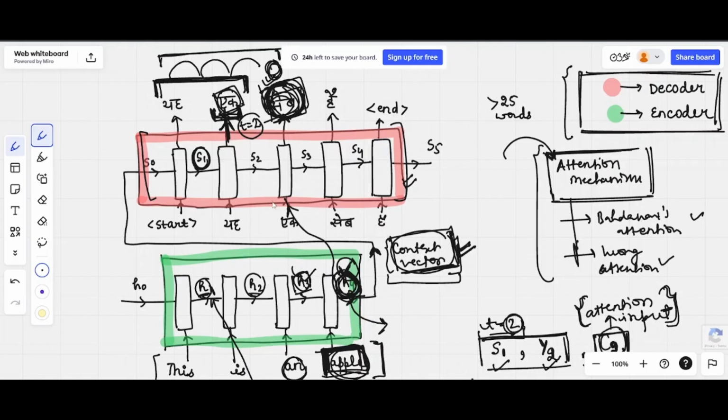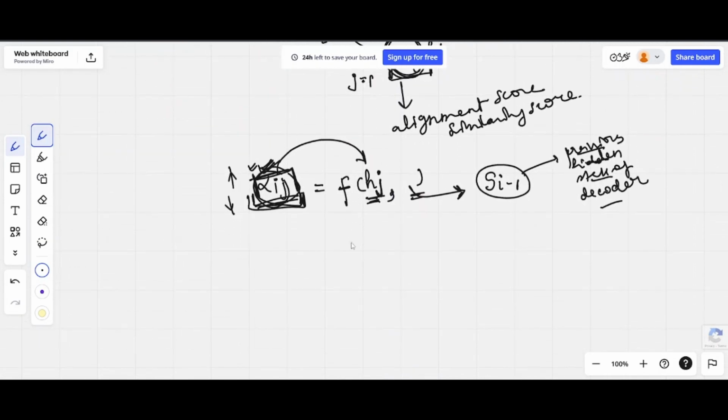But if I have started speaking something, then in order for that to be meaningful, I have to pick my next word depending on what I have spoken up till now, right? So same way here, this Sij is important in order to get this alpha ij.